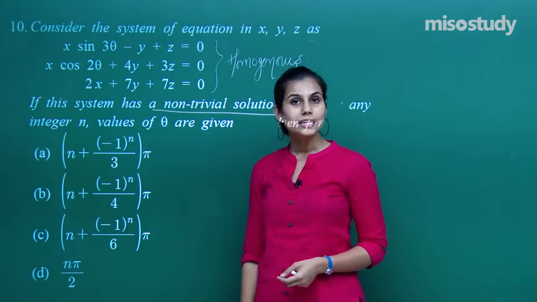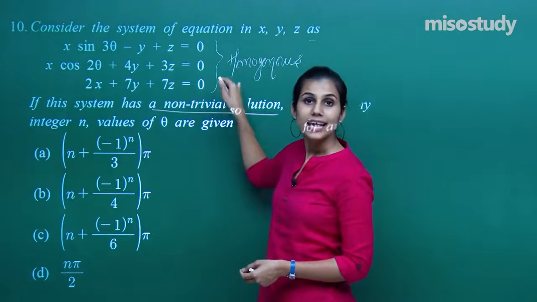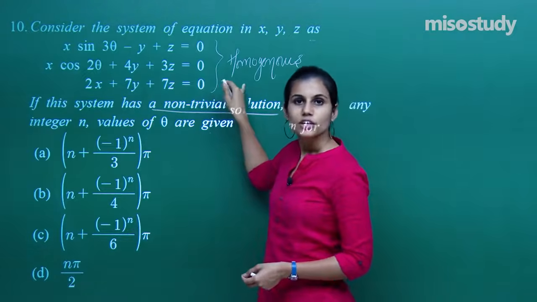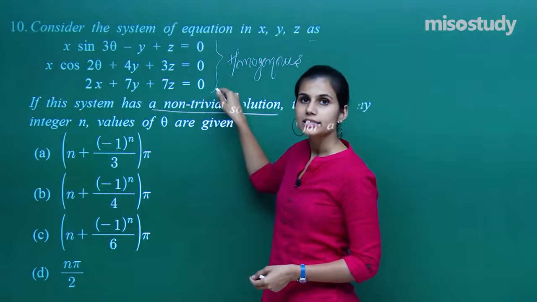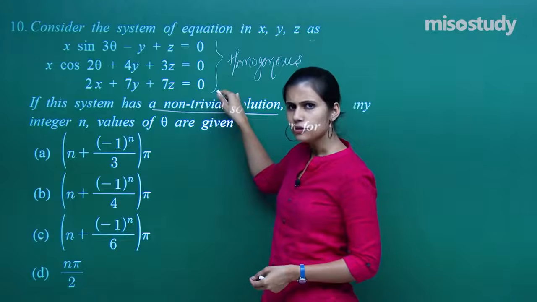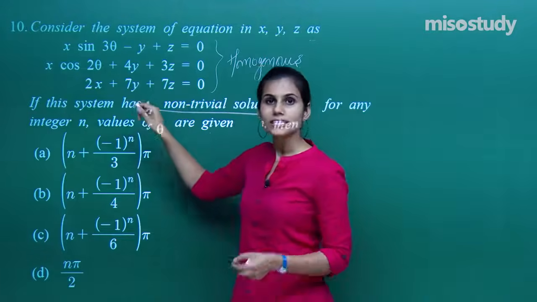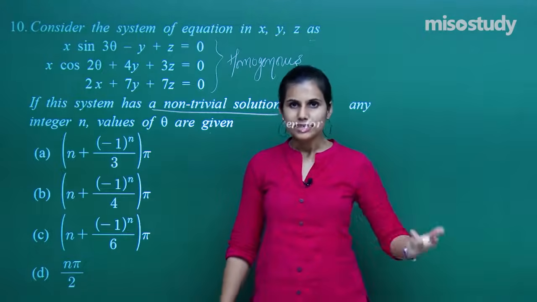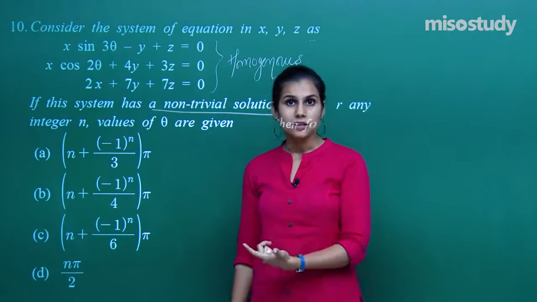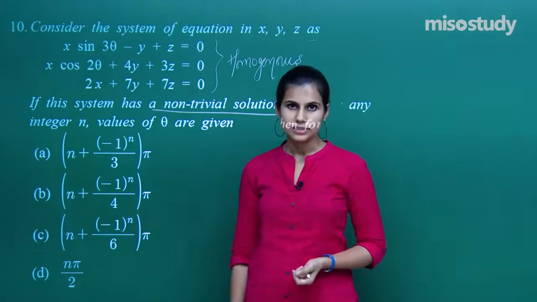A homogeneous system of linear equations in n unknowns can have a non-trivial solution only when the coefficient matrix is singular. When the coefficient matrix is non-singular, you get a unique solution which is the trivial solution 0, 0, 0. When it is singular, then you get a non-trivial solution.